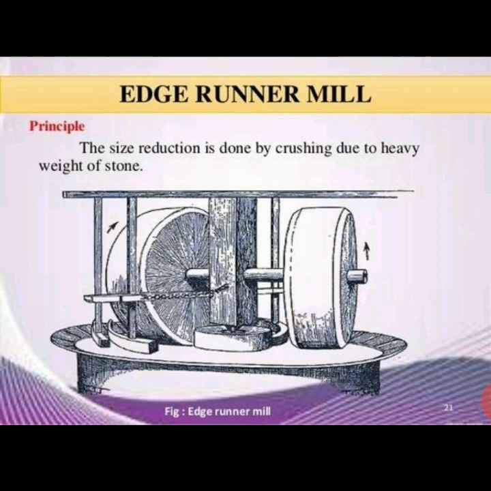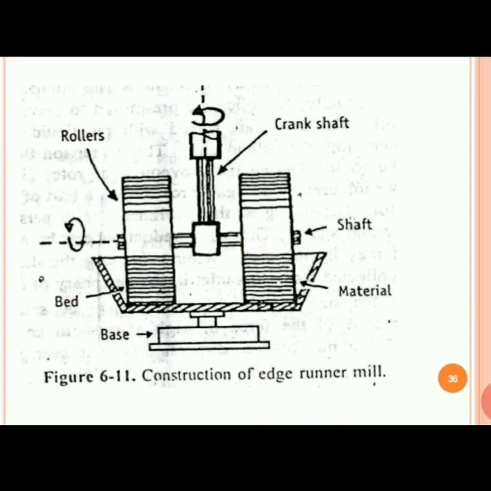Then what is the construction of this edge runner mill? Here is the diagram of the edge runner mill. This mill consists of a metal casing, and inside this casing, these stone rollers are placed.